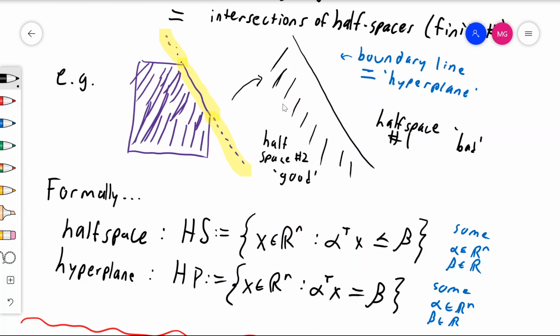Changing x corresponds to moving in space, and at some point you hit exactly this value of beta. If you were to go any further, you'd be on the bad half of space, because that corresponds to being strictly larger than beta, and that would violate the inequality. But when you're exactly equal to beta, that's this hyperplane.